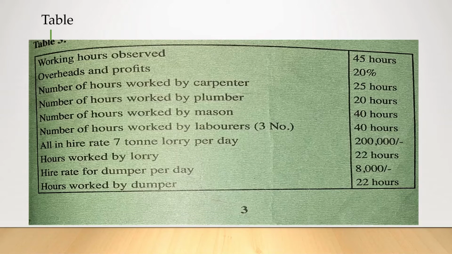Then we have work hours by the lorry, that is 22 hours. We have hire rates for the dumper in a day, that is 8,000, and hours worked by the dumper, which is 22 hours. So with this information, we are going to see how we can prepare a day work schedule. Remember, you've been told to use the standard format.